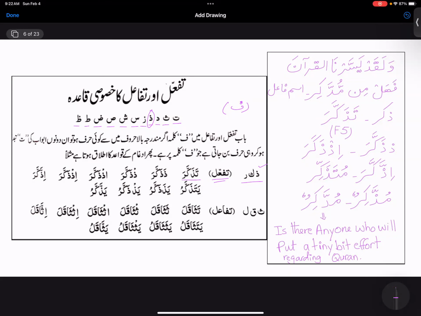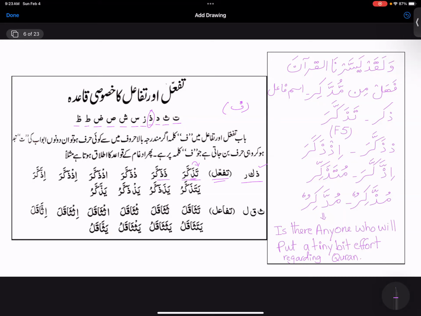Now, we said that the first root letter is dhal. So they change the extra ta into dhal. Instead of having ta, they change the ta into these letters when they are the first root letter of any word. Okay, so now we have two dhals.